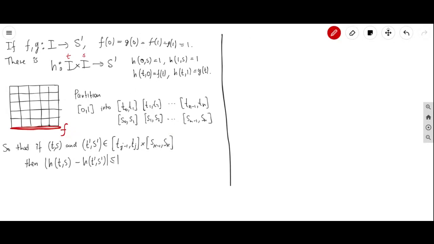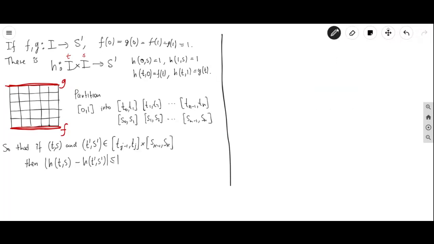The top row is supposed to represent g. And then everything in between is a continuous interpolation between those two.